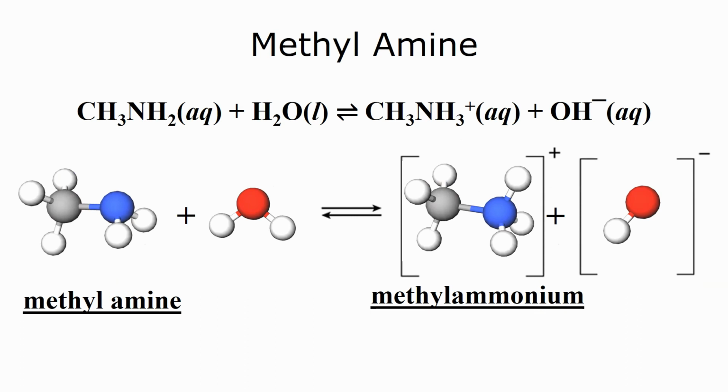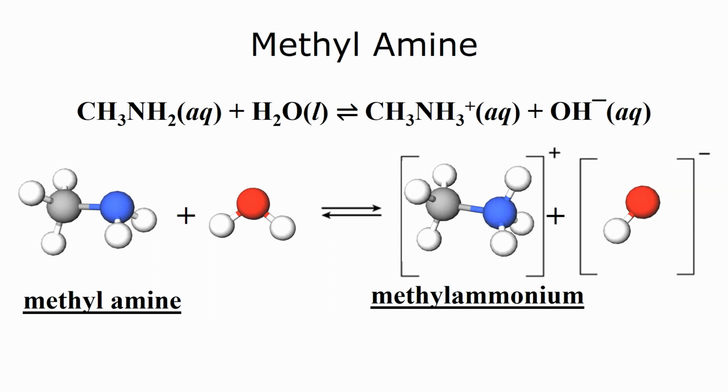If we were to replace one of those hydrogens on ammonia with, say, methyl, or CH3, we make methylamine. Once we dissolve this into water, even though this is a covalent compound, it will react with water, producing, in this case, methylammonium, and again, hydroxide ions.